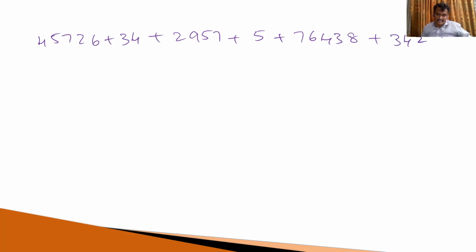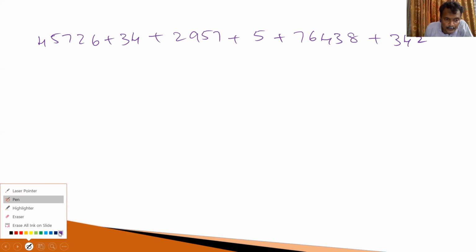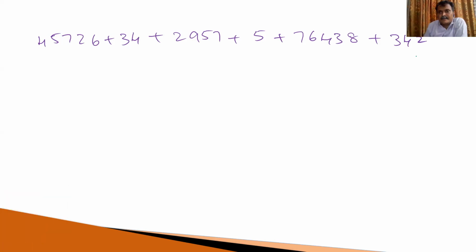Suppose this is the question. Now, what should we do? Here, the unit digits add up to 2, 1, 0, 5, 2, 6, 2. So what happened? 32. Right? So the unit digit is over.